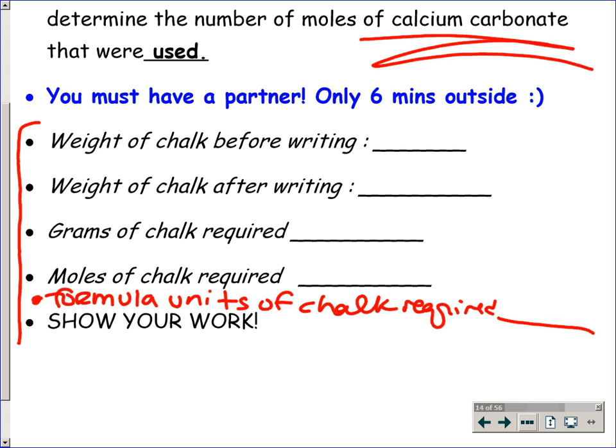What does that mean, grams? About how much do you guys, like, we just take one? Yes, carbonate.